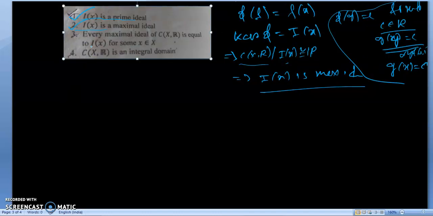Now let's check the third option. The third option is very interesting. If it is given that X equals the closed interval [0, 1], then it is true.